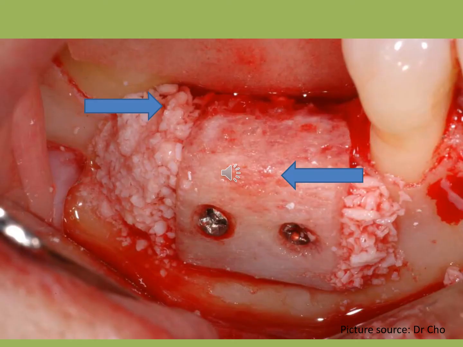Here you can see the bone graft and the membrane covering the bone graft, and the membrane fixed by small tacks or screws to prevent the movement of the bone graft and the membrane during the healing period.